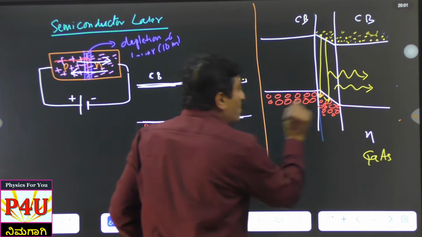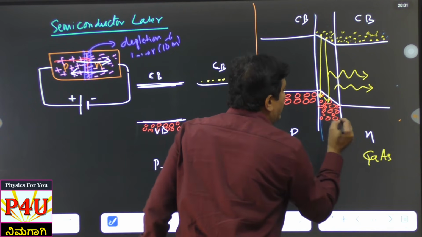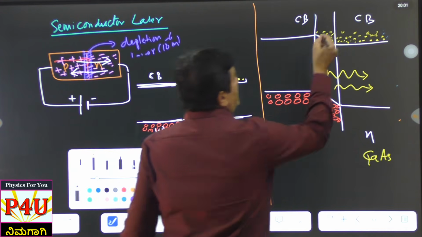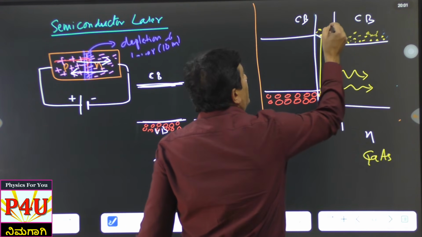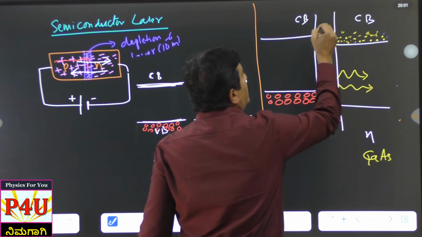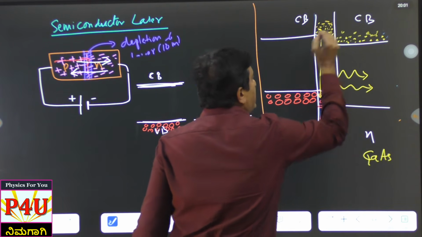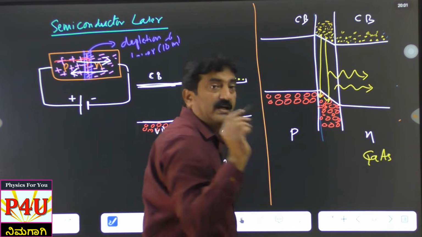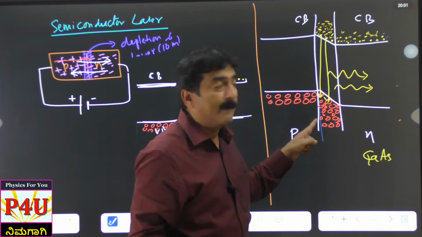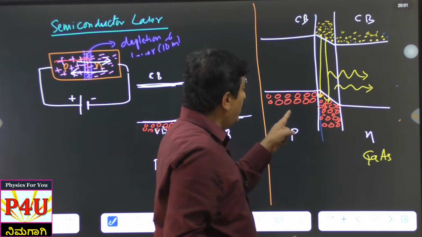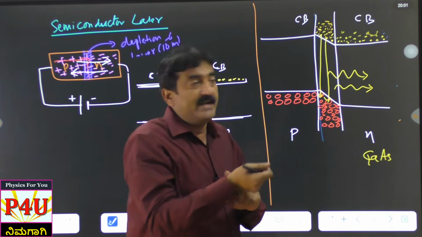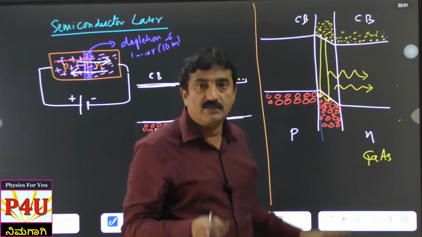I make more and more holes enter this region, more and more electrons enter this region. So I can see a cloud of electrons here and a cloud of holes here. Earlier there were only 3 to 4 holes and 3 to 4 electrons, but because of high doping concentration and high current, I got more electrons and holes.